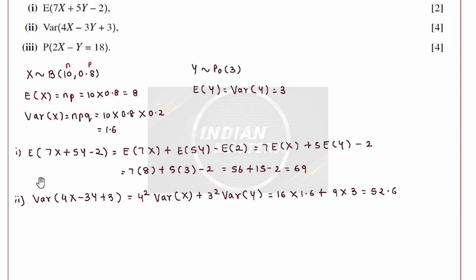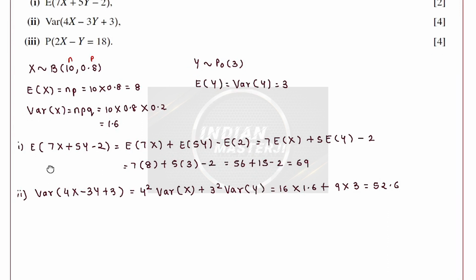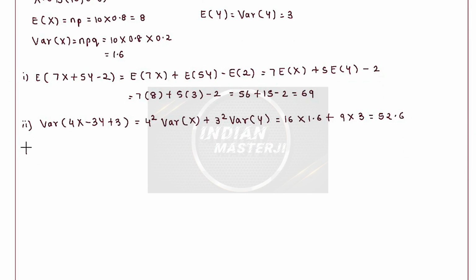What's the third part? Find the probability of 2X minus Y equal to 18. Now 2X minus Y will be a new random variable, and they are saying 2X minus Y should be equal to 18. When is it possible to have 2X minus Y equal to 18? It is possible when X is equal to 10.